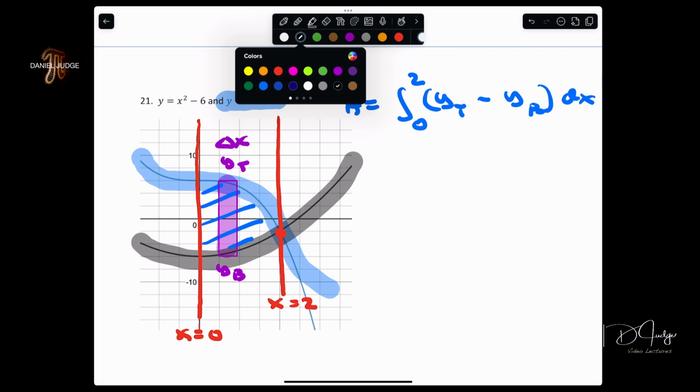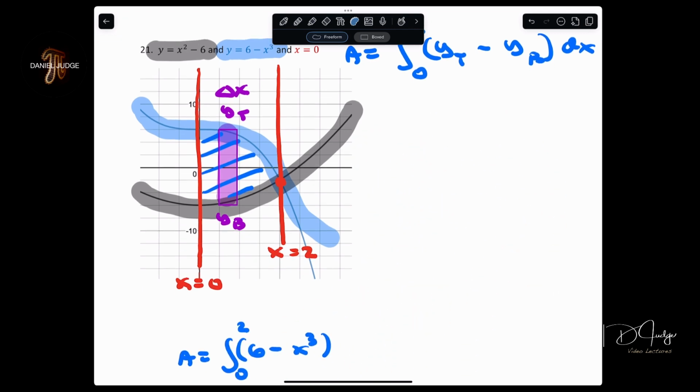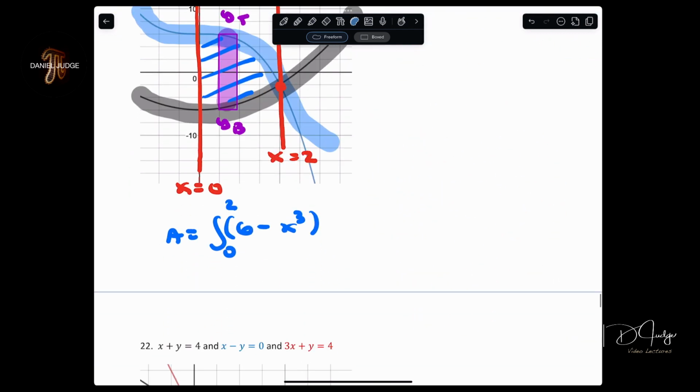Bottom. Minus the black curve, x squared minus 6.